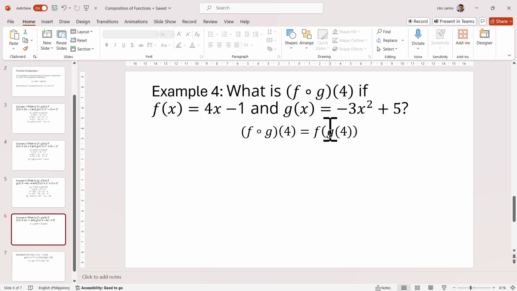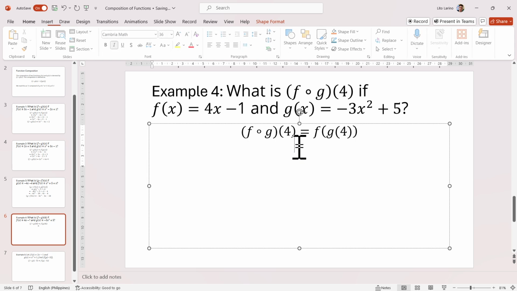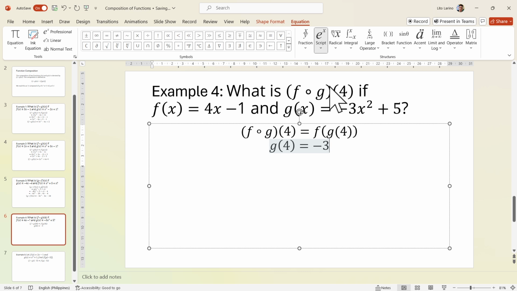So in this case, we will first evaluate g of 4. So let's do that. G of 4 is equal to negative 3 times, multiplied by the value of our x, which is 4 squared, plus 5.